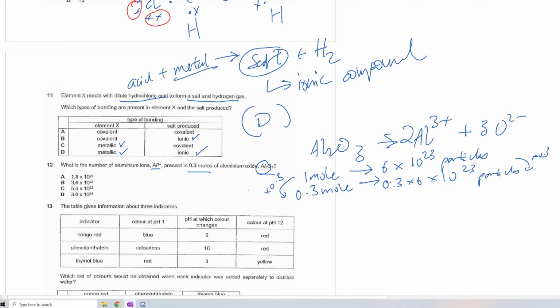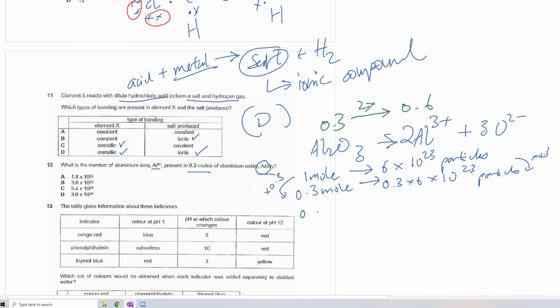So this is 0.3 mole of aluminium oxide. Maybe let me change another color. When we have 0.3 mole of aluminium oxide, we have 0.6 mole of aluminium ion, because there are 2 times of aluminium ion in aluminium oxide.